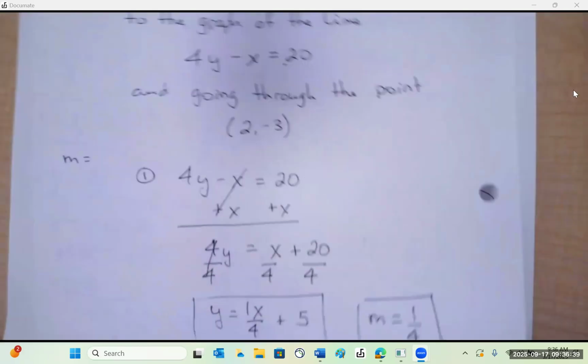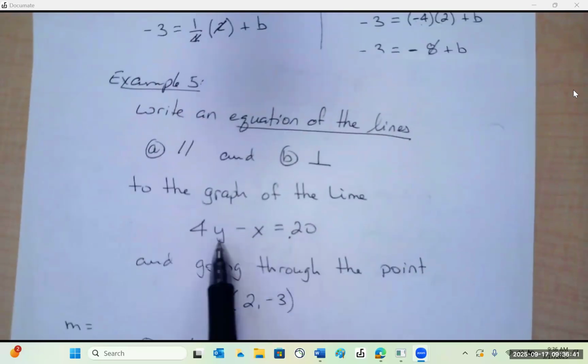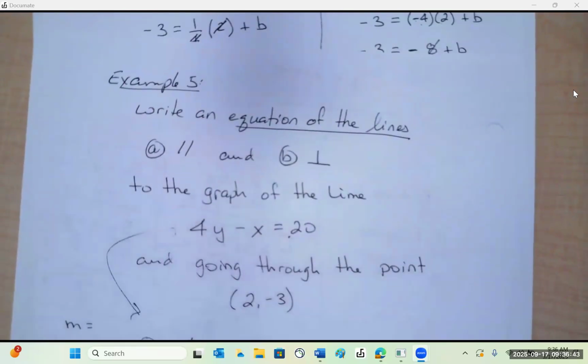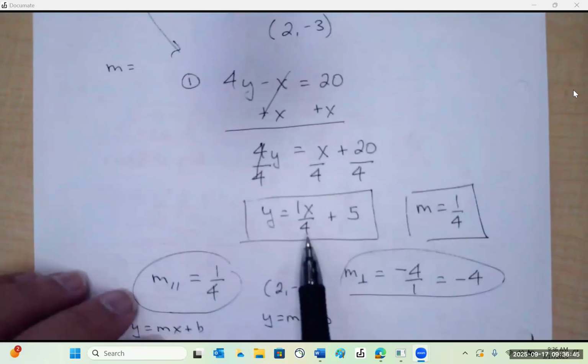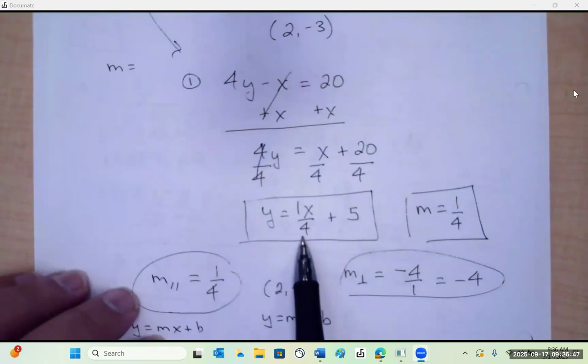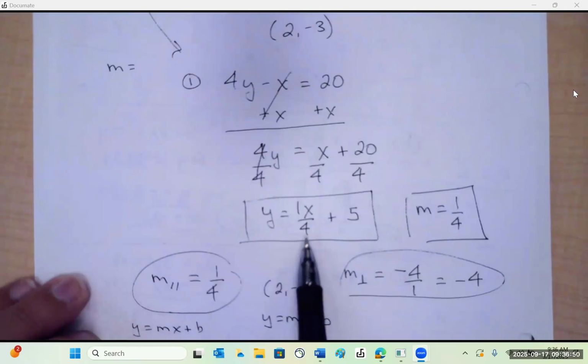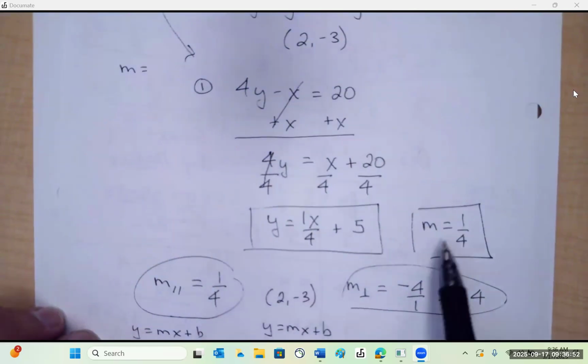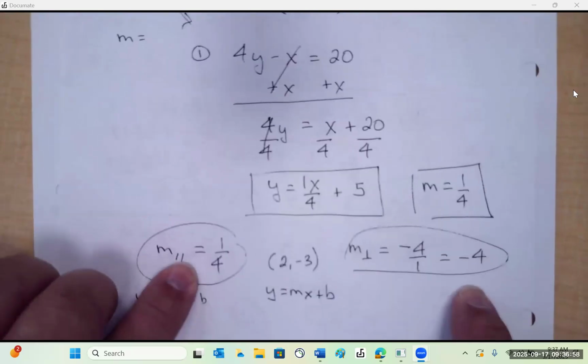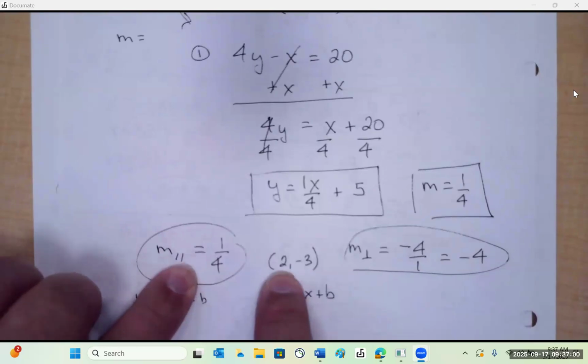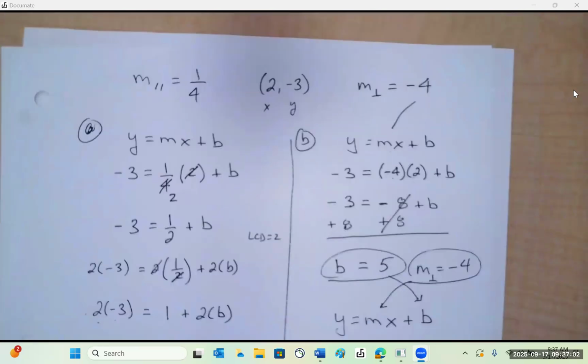We took this equation, solved it for y, and we know the slope. If it's parallel, it's the same. If it's perpendicular, I got to change the sign and flip it. Once I have the slopes and the point, it's all the same from there. These are the same steps.